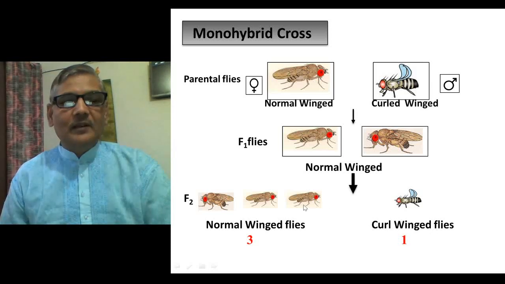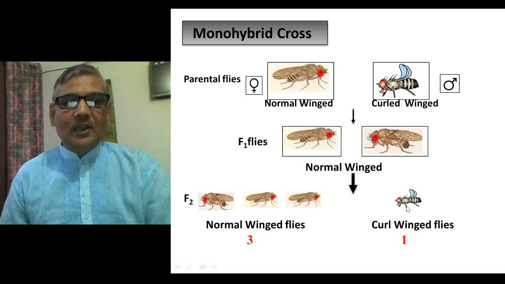But we will find that normal winged flies will always be more in number than the flies which are mutant in their phenotype. So irrespective of sex, we find that there are male and female flies with a normal wing structure, and male and female flies with curled wing structure, but their number we expect in a 3:1 ratio.